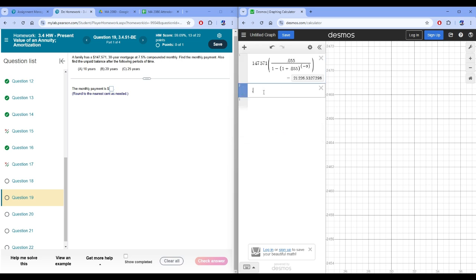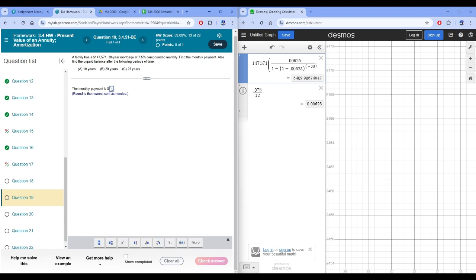What is my 0.075 divided by monthly, which gives me that number up there, 0.00625, and then this would be 0.0625. I did an extra one up there. And then this is 30 years, so negative 30. And that gives me a payment of 5,409.91.